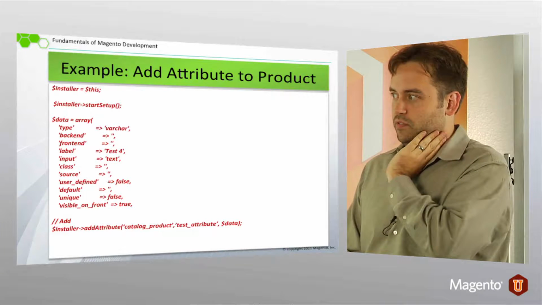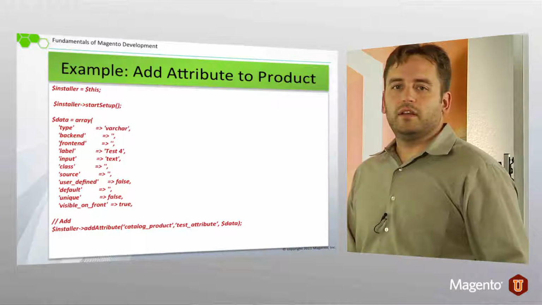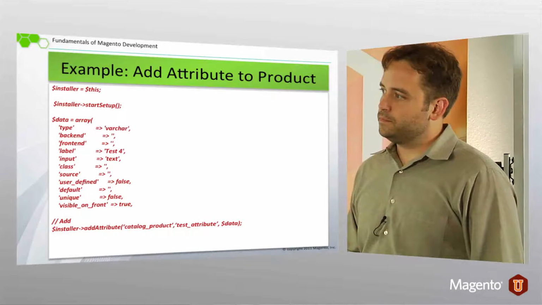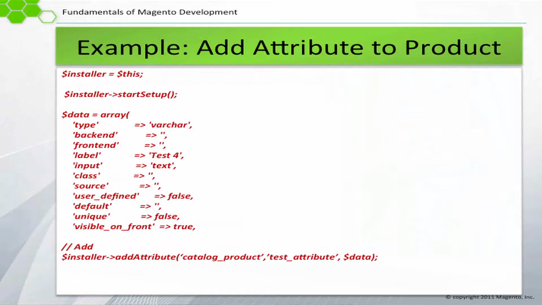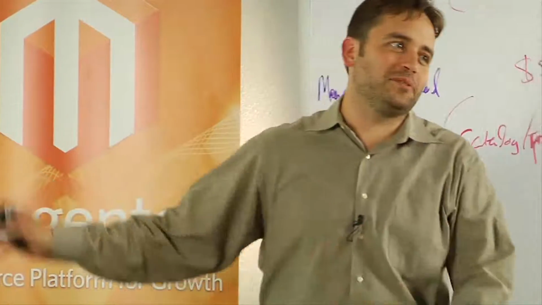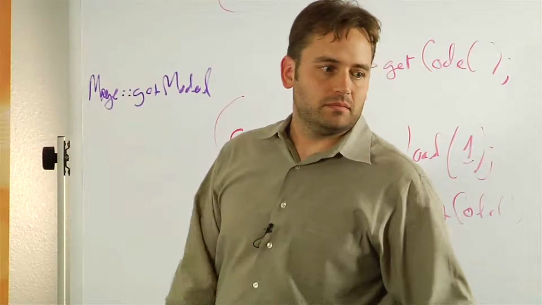We are specifying visible on front, unique, user defined. Okay, so we do this, and then we specify our entity code, the attribute code, and then this array. And we have installed an attribute for our entity. I actually didn't build this. Pretty easy.